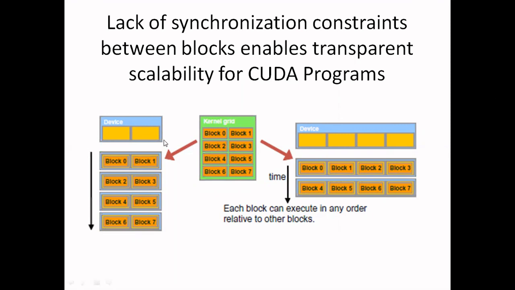If you have multiple devices, meaning multiple streaming multiprocessors, then according to that you can divide your blocks between them, knowing that there is nothing like we have to wait until these threads are complete before going further. No, there is no such constraint. You can divide the blocks.